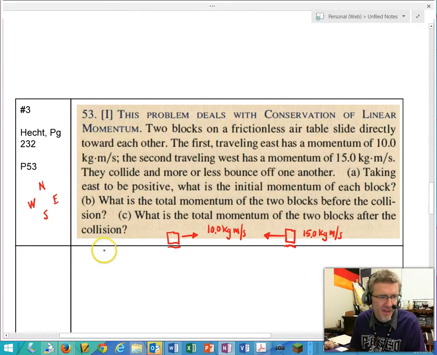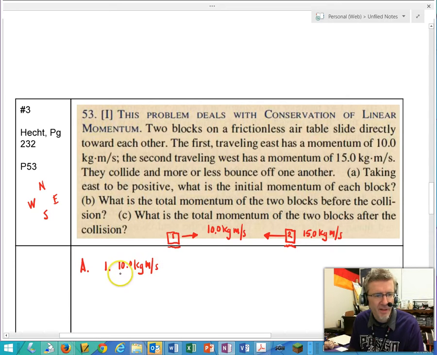Okay, so for part A, the initial momentum of each block. Let's say this is block 1, and this is block 2. So for block 1, the initial momentum is given to us as 10.0 kilogram meters per second. And for block 2, the initial momentum is 15.0 kilogram meters per second.